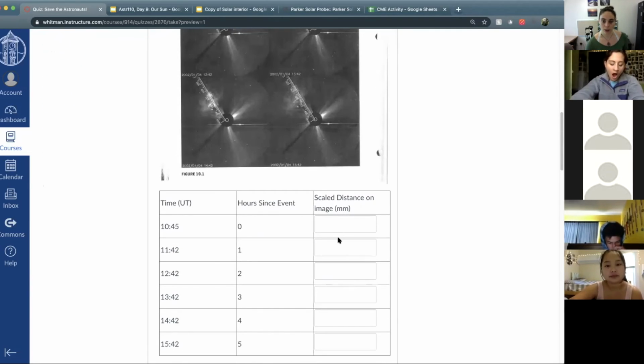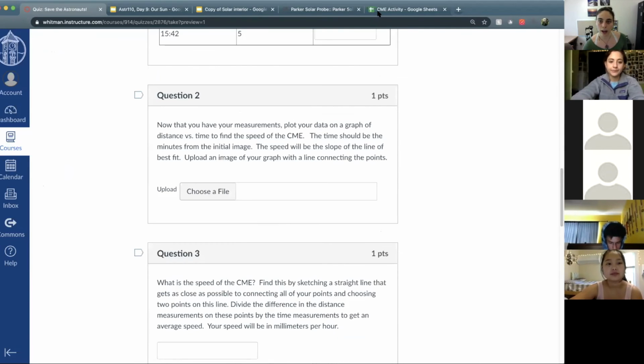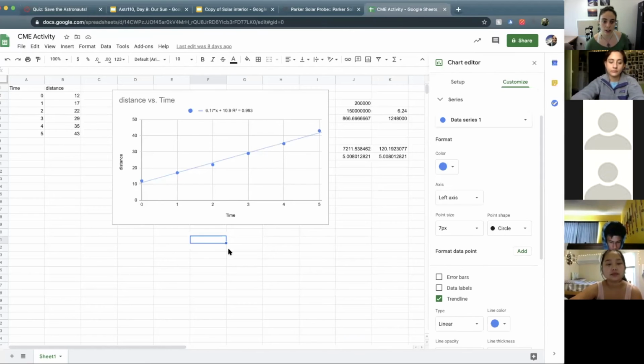You're going to measure those distances, plug them in here, and then make a graph that should look something like this, where we have time versus distance from the sun. And we're going to try to find the slope, which is going to tell us how fast the coronal mass ejection is traveling.